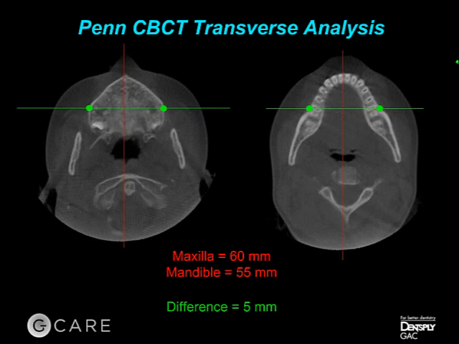this comes to be, again, if we're looking at the maxilla at MXMX, the mandible at the mucogingival junction, in an ideal situation where the teeth are upright, centered, and well intercuspated, the maxilla was 5 millimeters wider than the lower.